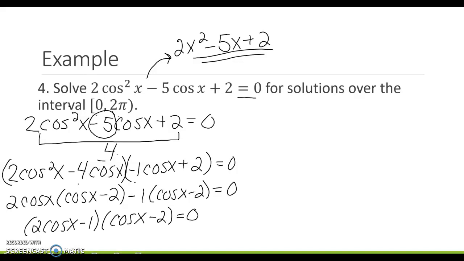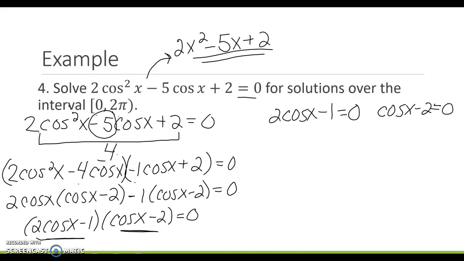Now we need to finish this by setting both of these factors equal to 0. So I'm going to have 2 cosine of x minus 1 equals 0, and then cosine of x minus 2 equals 0. And I'm going to isolate the cosine in both of these equations. So I'm going to start over here on the left.